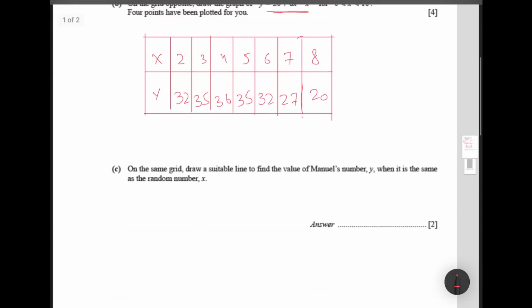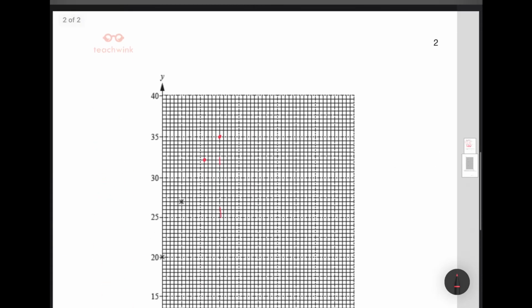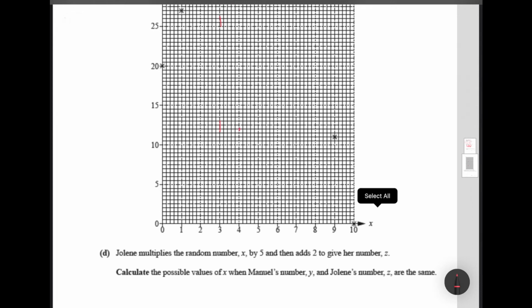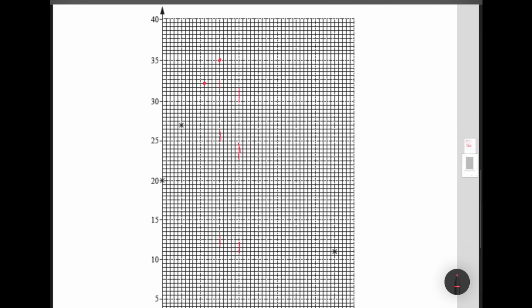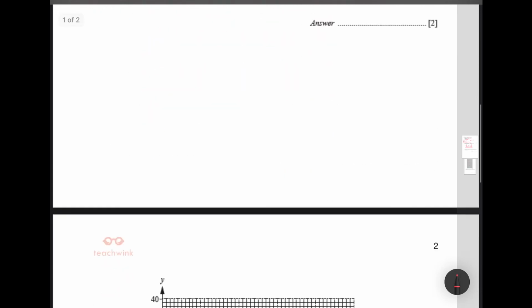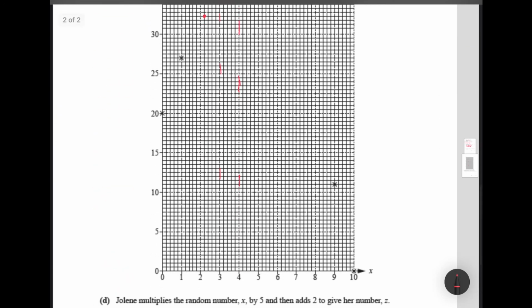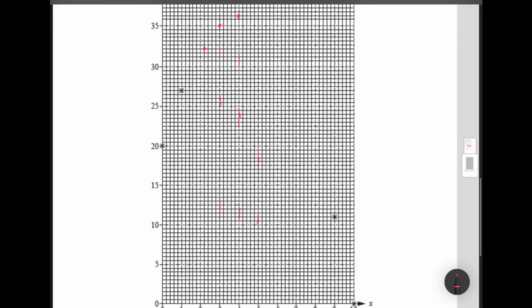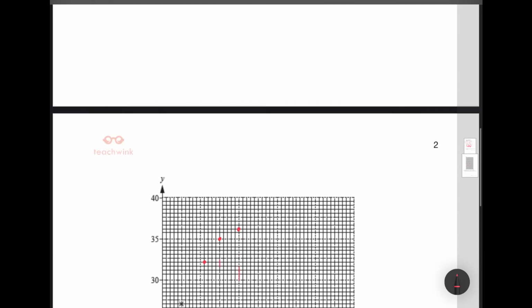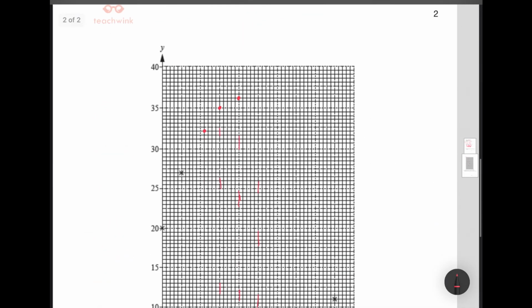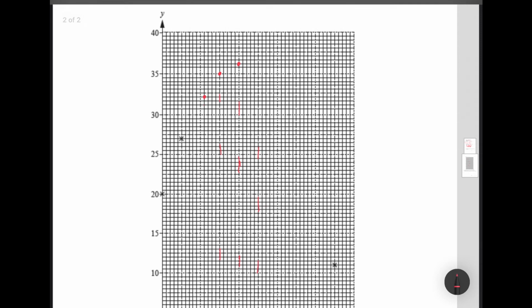Then the next one is 4 and 36. 4 is on this line, so you go all the way up on this line, and 36 is going to be over here. Then we have 5 and 35. So 5 is here on this line, then you go up and plot a point at 35 over here.